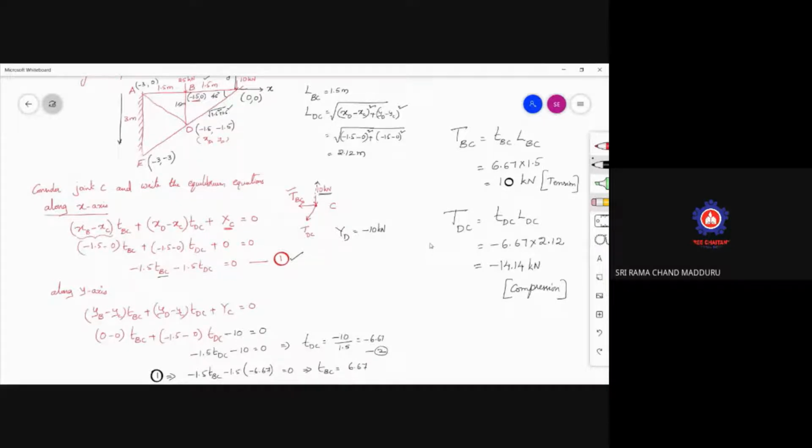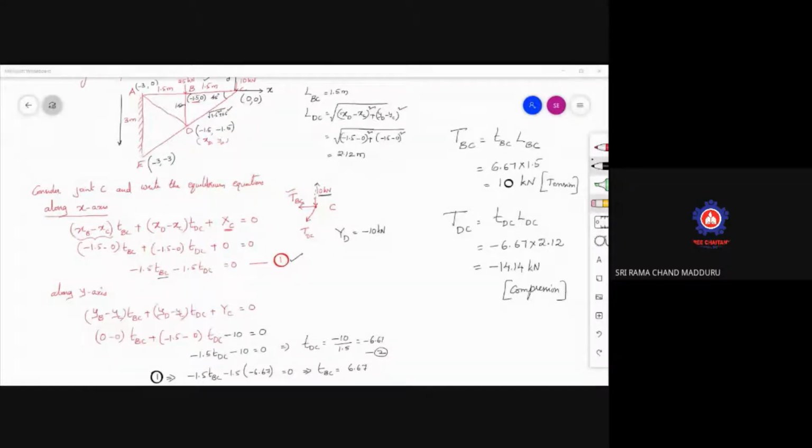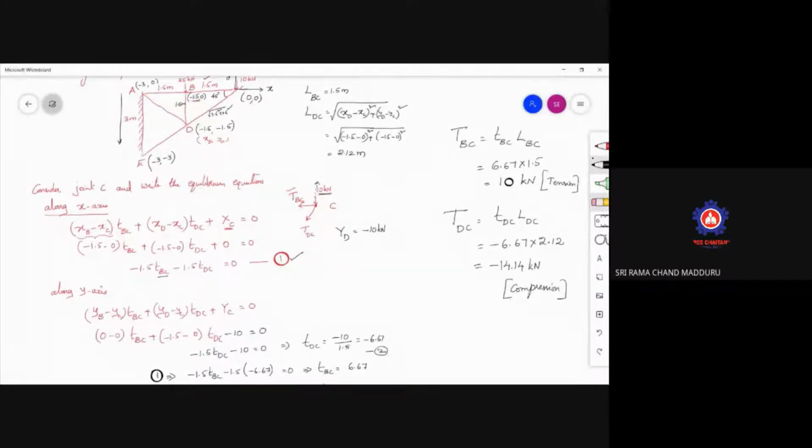Now, as we are writing for a plane truss, the available equilibrium equations are two. At joint C, why did we consider joint C? You may get a doubt.